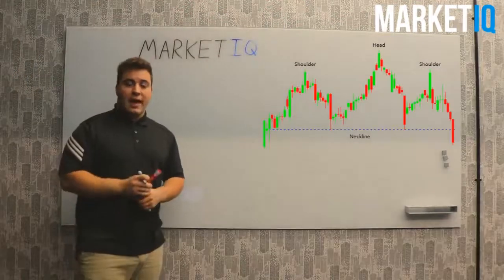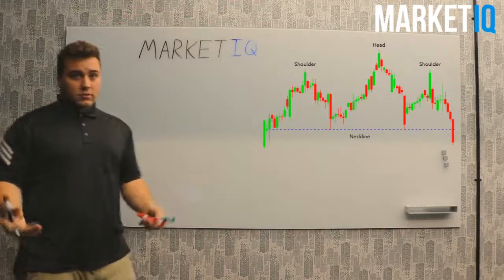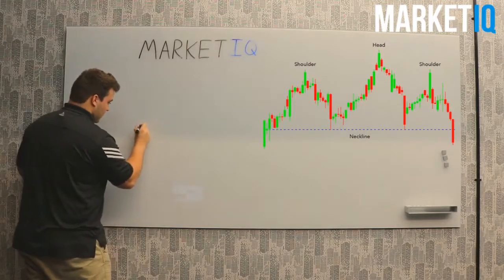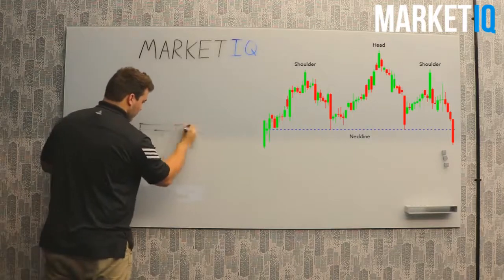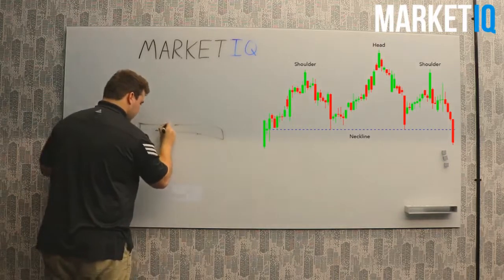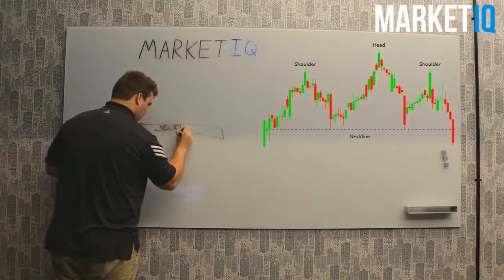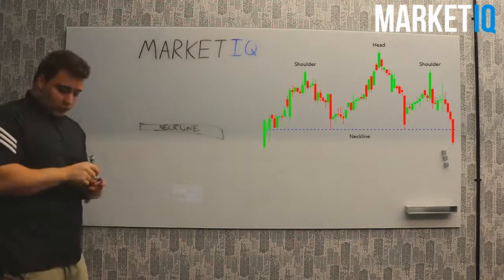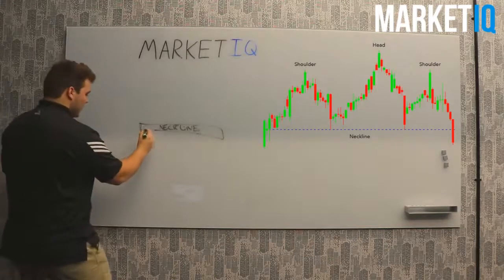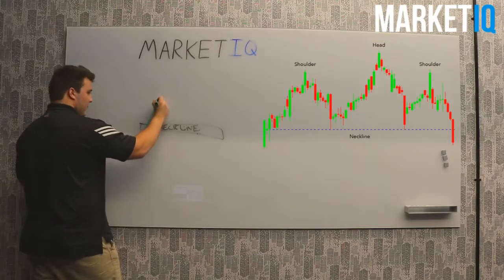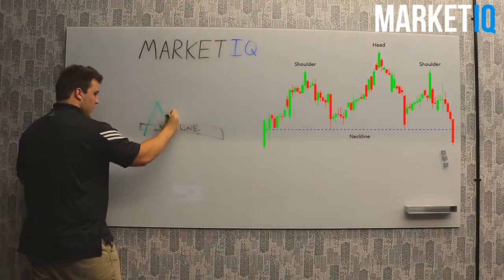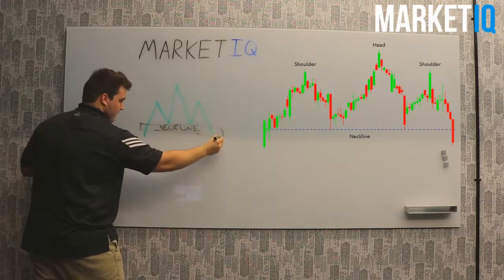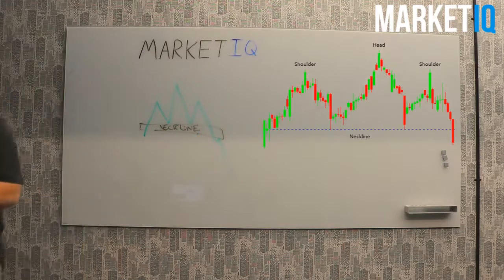Now let's take a look at head and shoulders pattern. Head and shoulders pattern is obviously a reversal sign. So we've got our neckline here. And with the head and shoulders, what we do is we have price come... marker real quick.